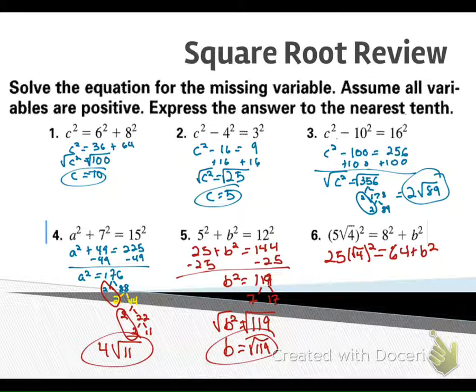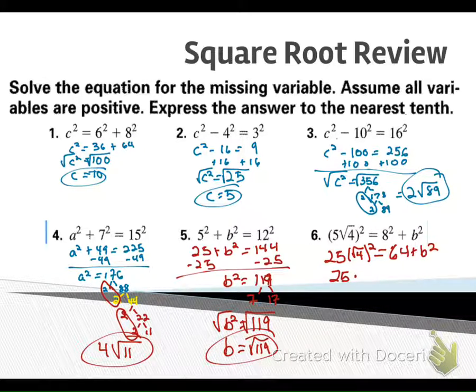So when we square the square root of 4, we get the square root of 16, which is 4.